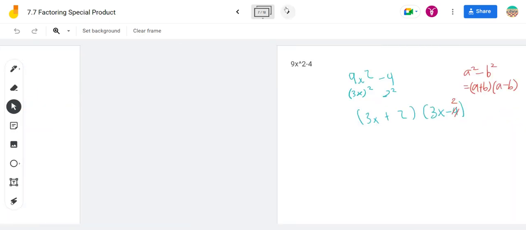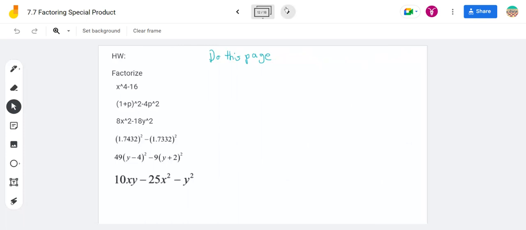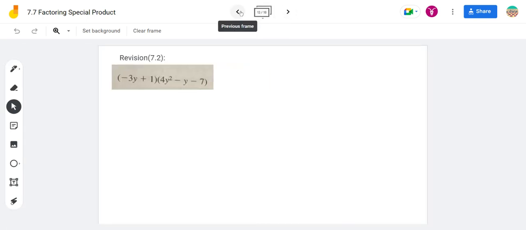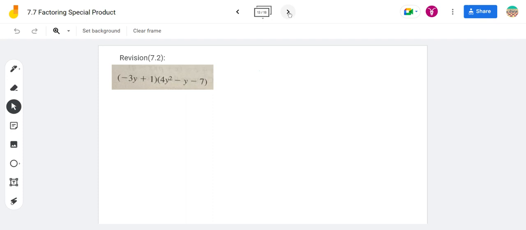And I guess we will continue at this page. You can start to do this on slide number 13.